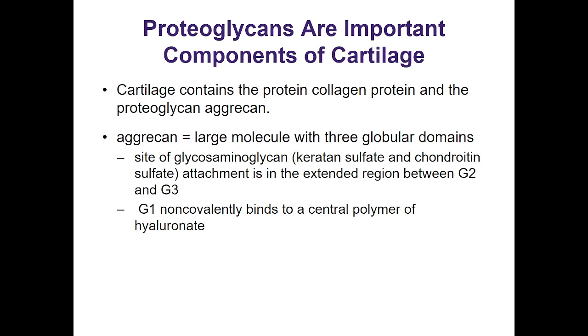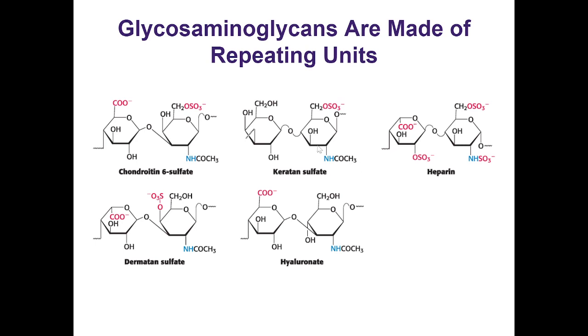Anyways, proteoglycans are important components of cartilage. Cartilage contains collagen protein and the proteoglycan aggrecan. Aggrecan is a large molecule with 3 globular domains. The site of the glucose aminoglycan, in this case keratin sulfate and chondroitin sulfate, is up here, keratin sulfate and chondroitin 6 sulfate right here.